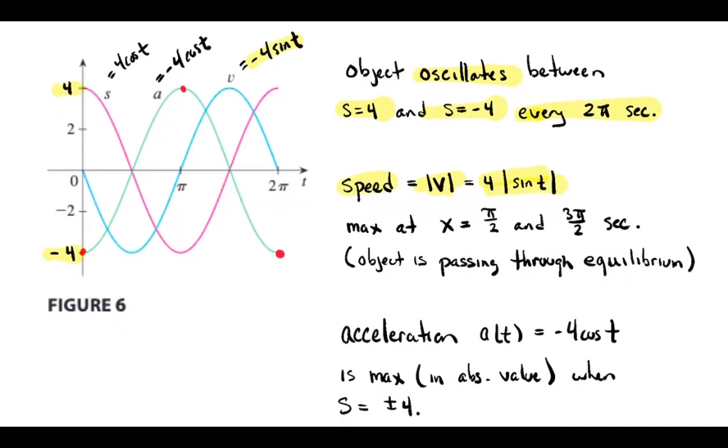It's either stretched 4 centimeters outside of equilibrium, the acceleration is maximum, or when the spring is compressed 4 centimeters below equilibrium, the acceleration is maximum. Cool. Notice that when the speed is maximum, when the spring is passing through equilibrium, the acceleration is 0 there.